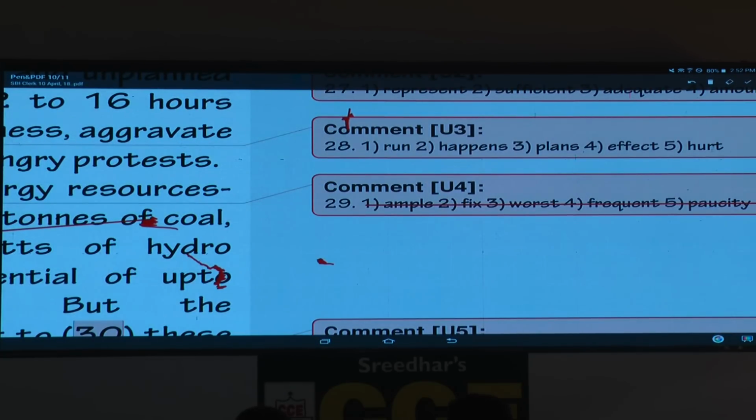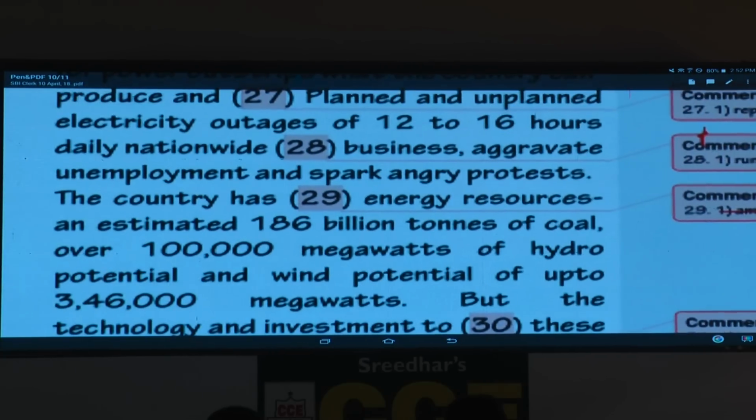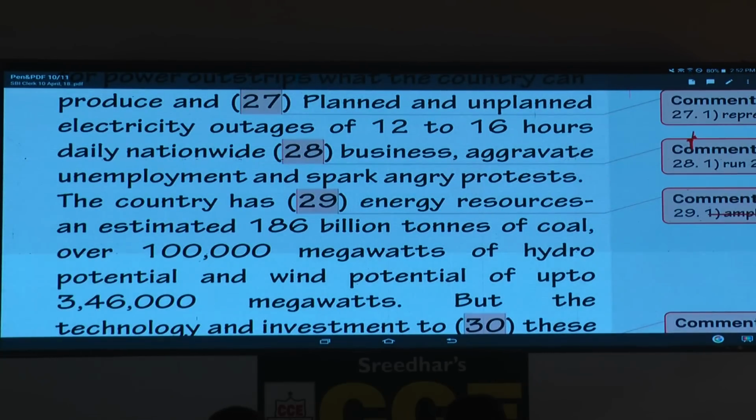So what do you think the answer is? Now let us look at the sentence again carefully. Planned and unplanned electricity outages of 12 to 16 hours daily nationwide, the negative word, business, aggravate unemployment and spark angry protests.